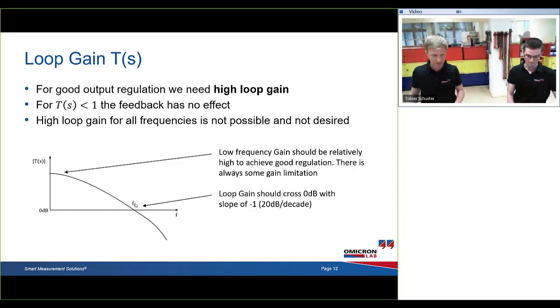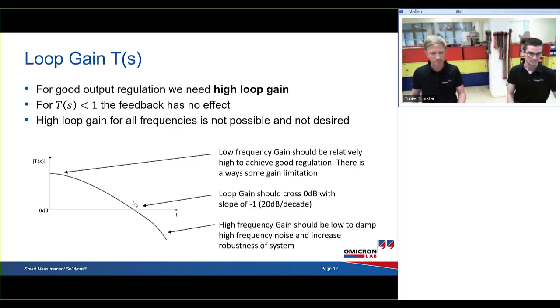We'll talk about that a little bit later. And the phase margin that is achieved is getting close to 90 degrees. If you have a very high slope or a sharp slope, then the phase margin will be lower. So that's why a slope of -20 dB per decade is a good design goal.